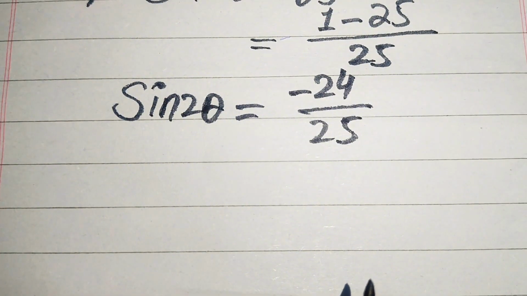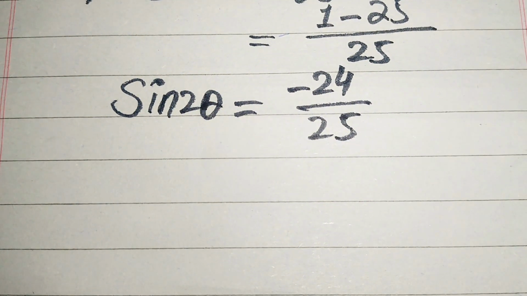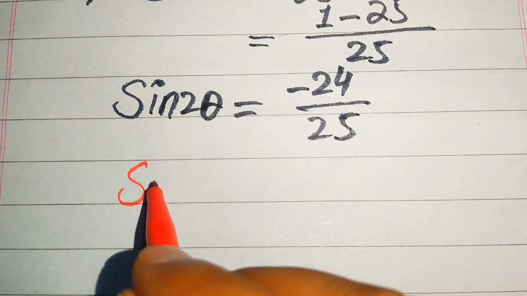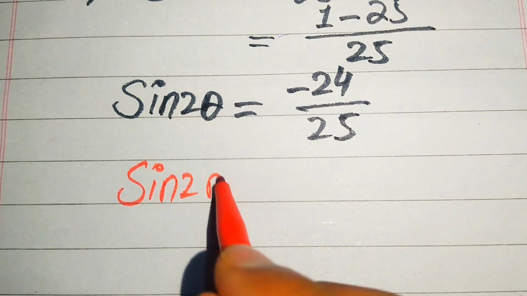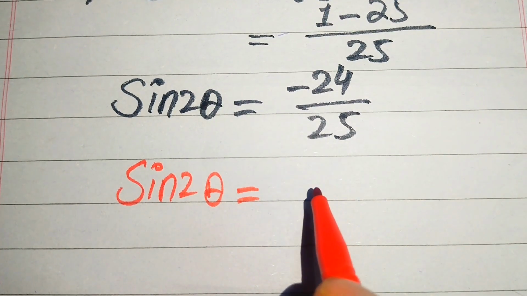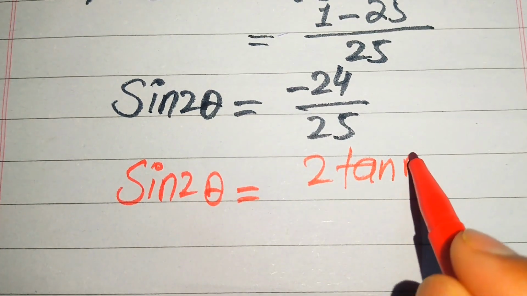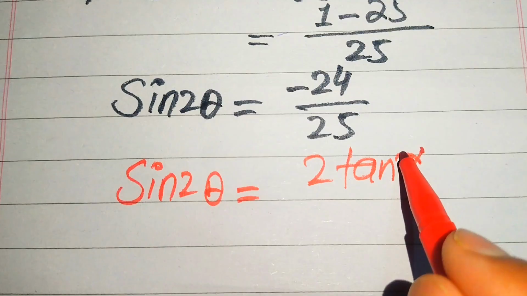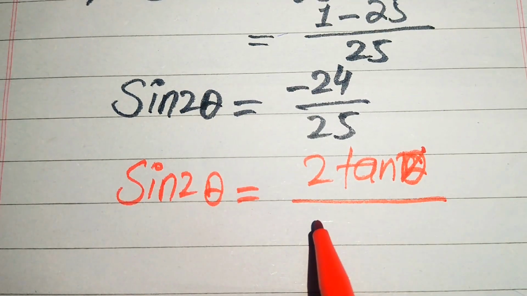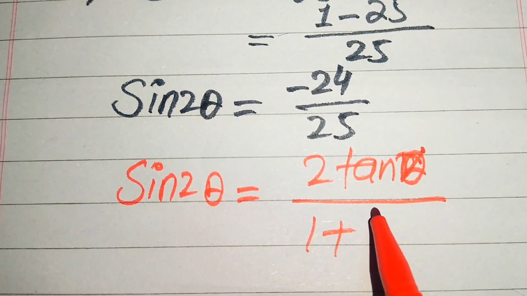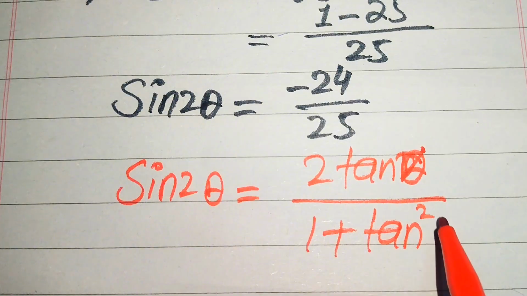Here we use another trigonometric formula, in which we convert this double angle identity into the tangent form. You know about that: sine of 2 theta equals 2 times tan theta divided by 1 plus tan square theta.